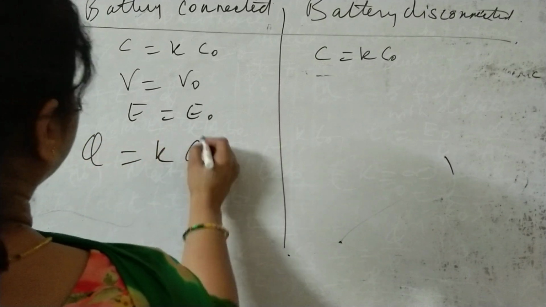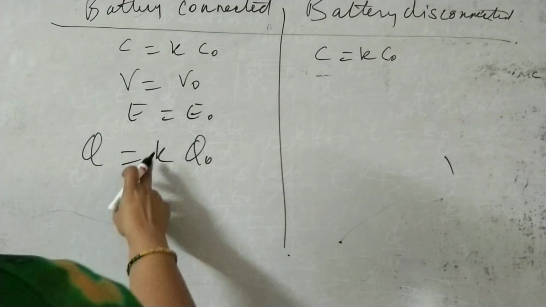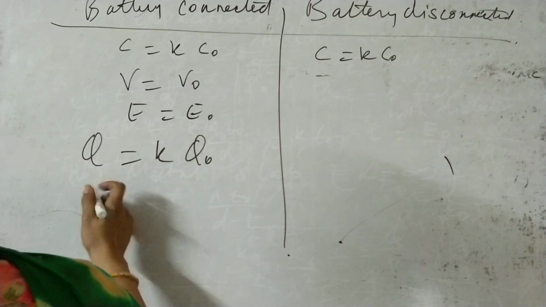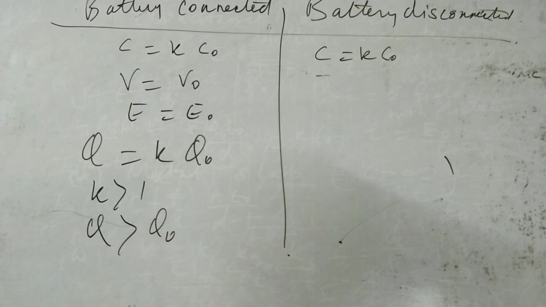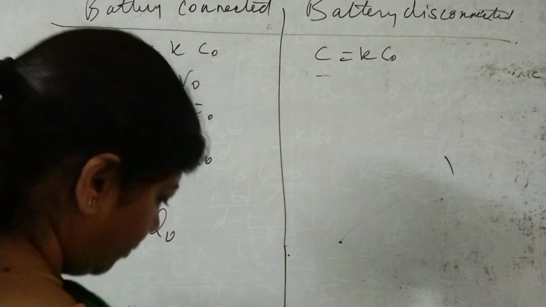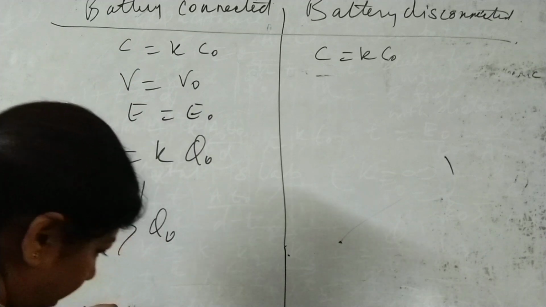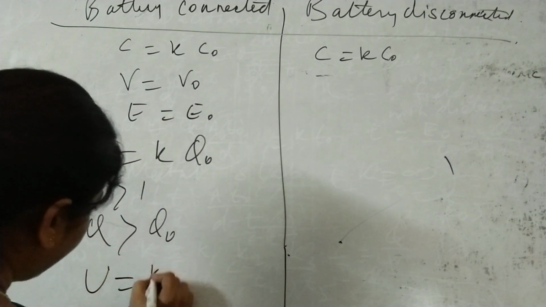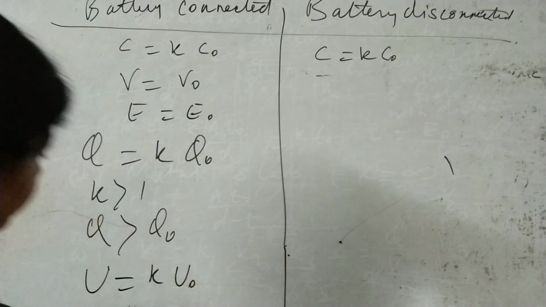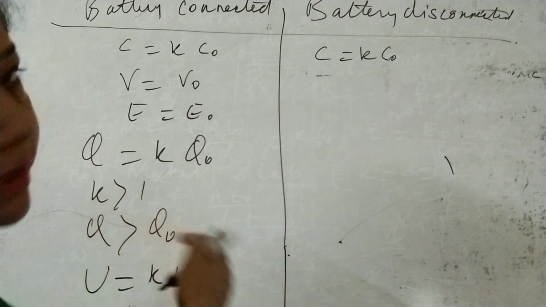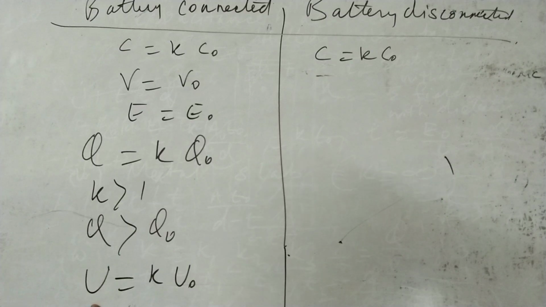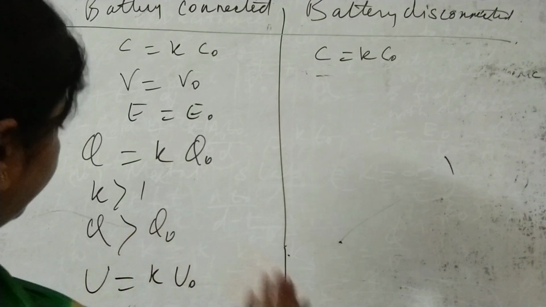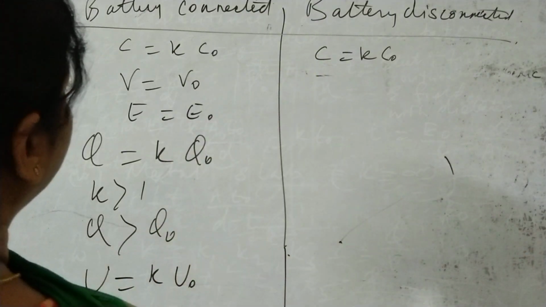The charge becomes K times Q naught, and since K is greater than 1, Q is greater than Q naught. So what about the energy? The energy is also U equals K times U naught. Again we can use the same logic: the dielectric constant is greater than 1, so the final energy is more than the initial energy.